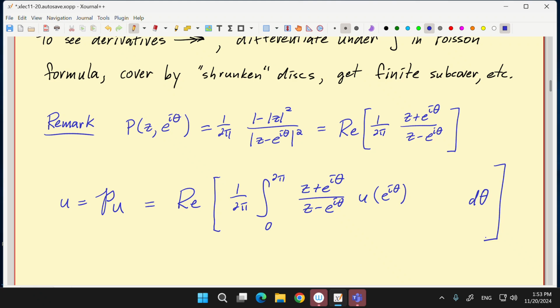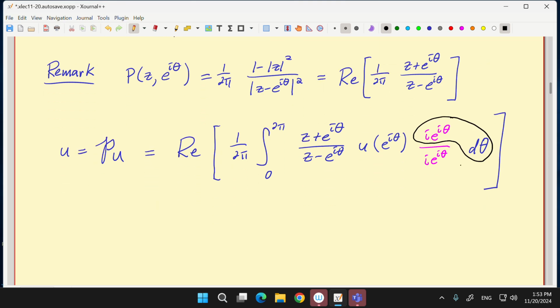So I do my standard trick that I've done. I wish I had an i e to the i theta here, so I give it to myself. And then I realize, aha, when I give it to myself, I've got a dz. And so this thing is the real part of kind of like a Cauchy integral.